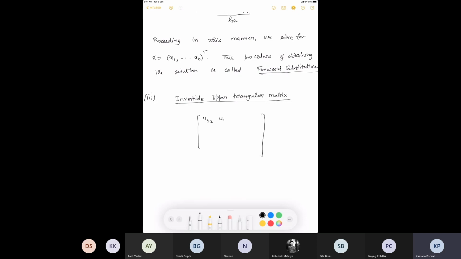So the first row is going to be U11 up to U1n. Second row will have the components starting from U22 to U2n. And the last row will have the only non-zero component, which is going to be Unn.